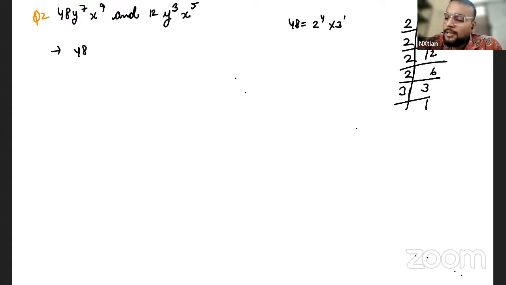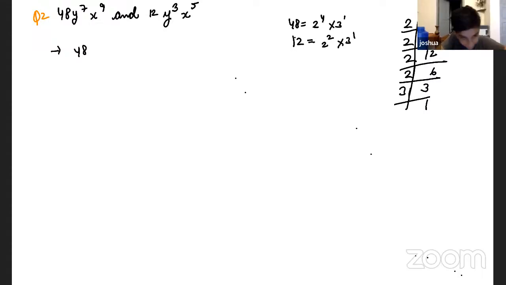In the same way, if you do the prime factorization of 12, it becomes 2 to the power of 2 into 3 to the power of 1. Understood, Johan, Joshua? Joshua got it? Yes or no?